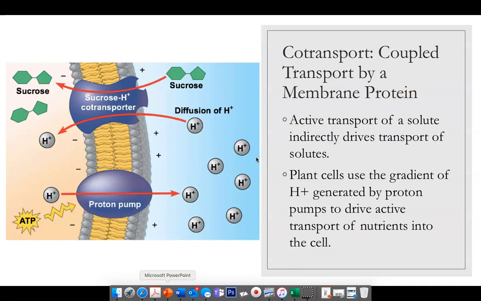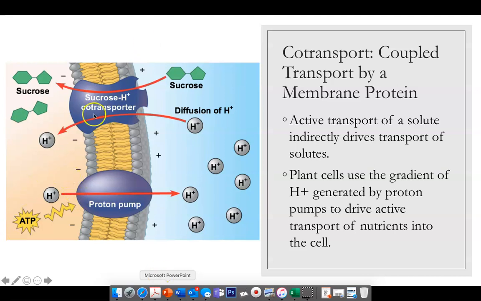Now, co-transport, on the other hand, is when transport across the membrane is coupled. And so what you have is the active transport of one substance is going to drive the diffusion of another substance.